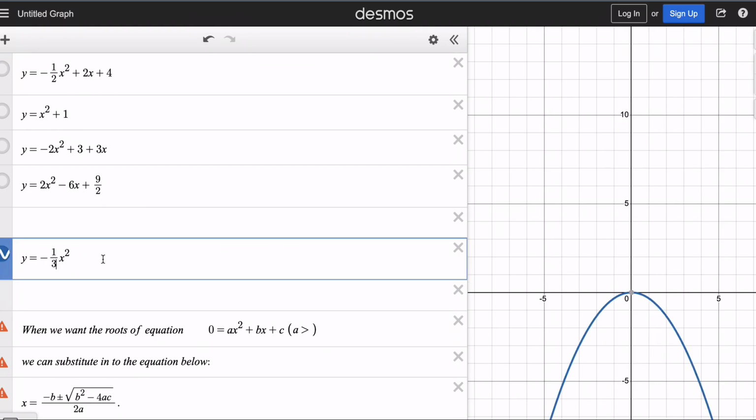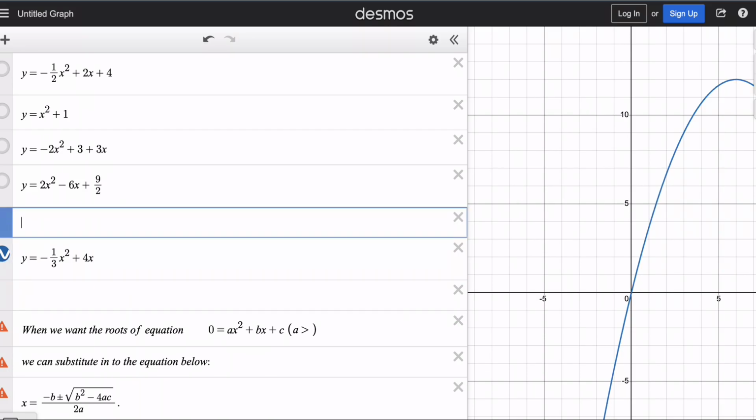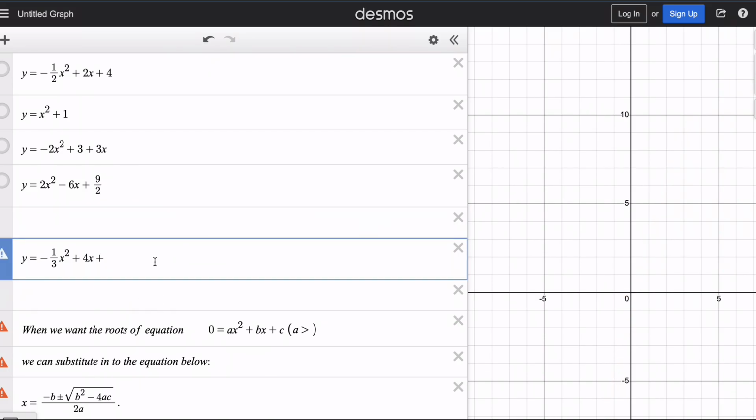Like this, plus whatever b is, maybe 4x, right? So we still need a c. I don't know what c is, but here we can do a little calculation.